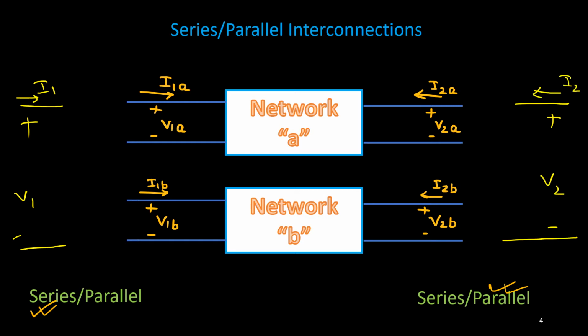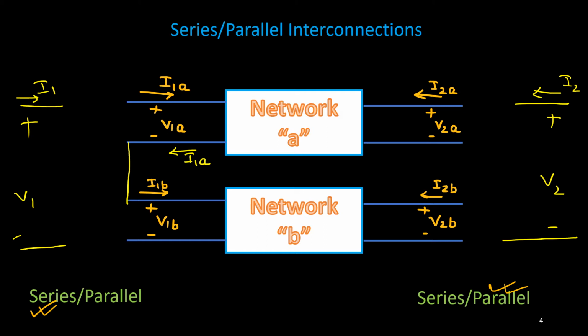Now I want to connect. The input side is series. Series means same current. So I can connect these two together, and I'm assuming that this current is I1A and this current is I1B.